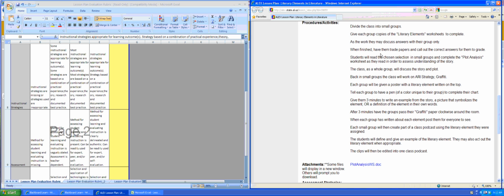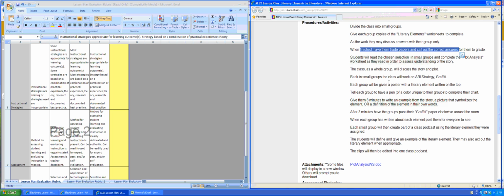So you have to be able to identify the different strategies that are used and determine whether or not they are appropriate for the objective trying to be accomplished. So in this case, students are divided into small groups. They're given copies of a worksheet. They actually have to discuss it and answer it with their group, trade papers and correct their answers, and so forth.